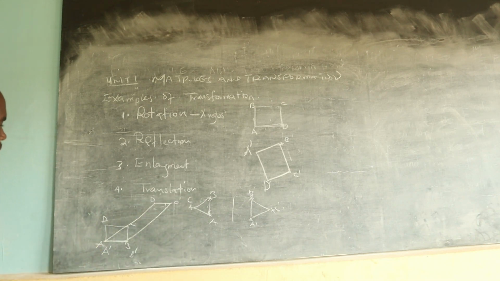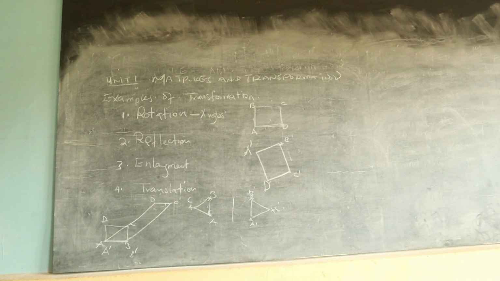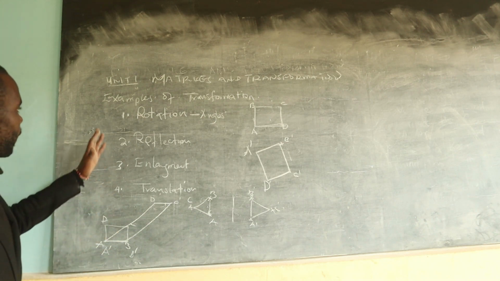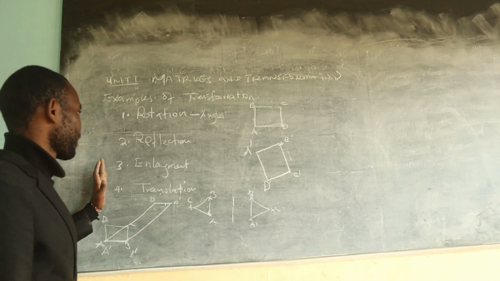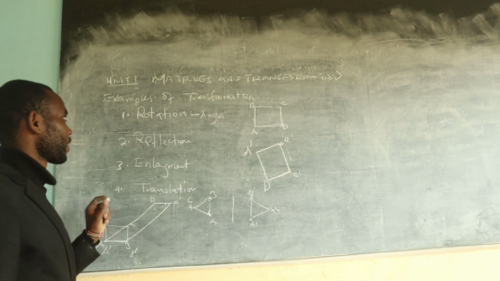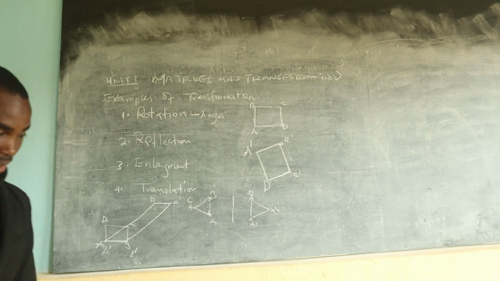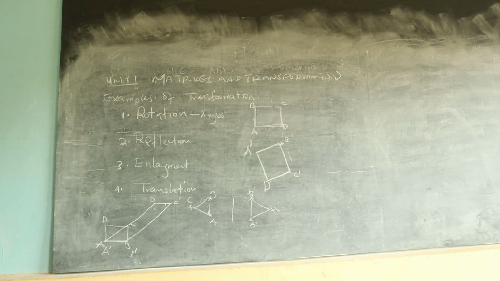This is simply what we mean by translation. So that is simply what we mean by matrices and transformation. All through this topic, we will be dealing with these four. These are the major ones that we are going to deal with in this topic of matrices and transformation, Unit 1, in Form 4.